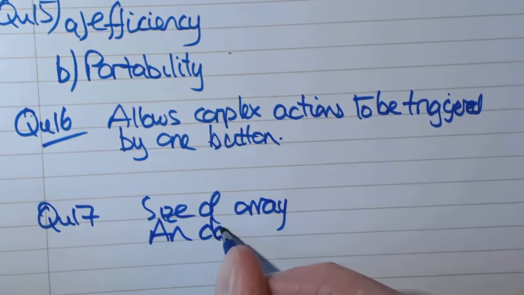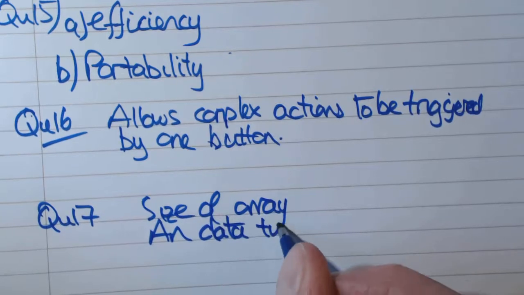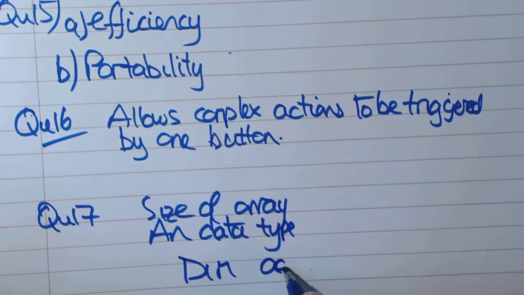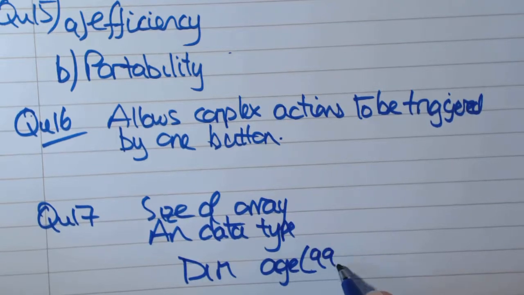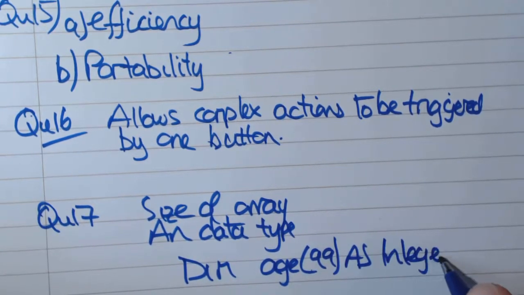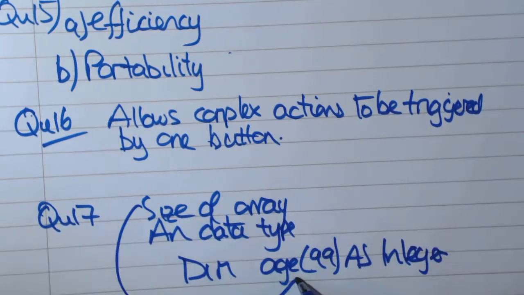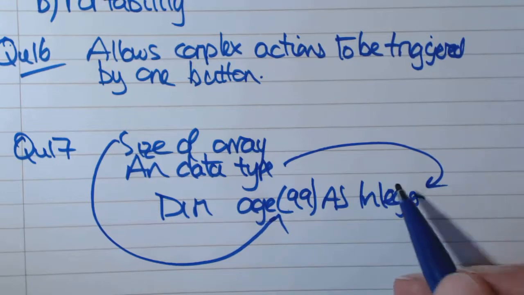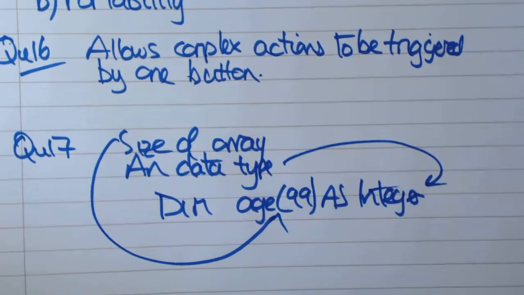It could be, you had dim age 99, so 100 ages, and then just as integer. So that's specifying the size, that's specifying the data type, and that should be a T.